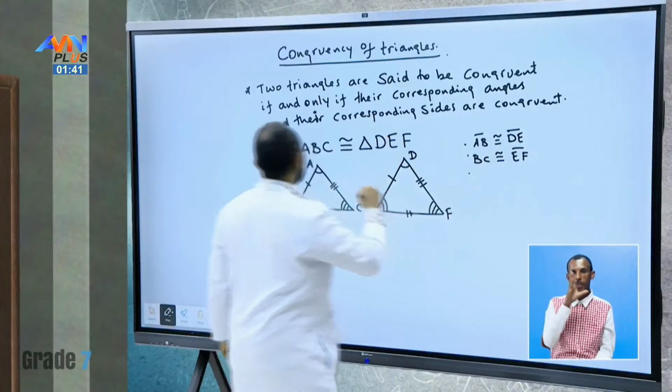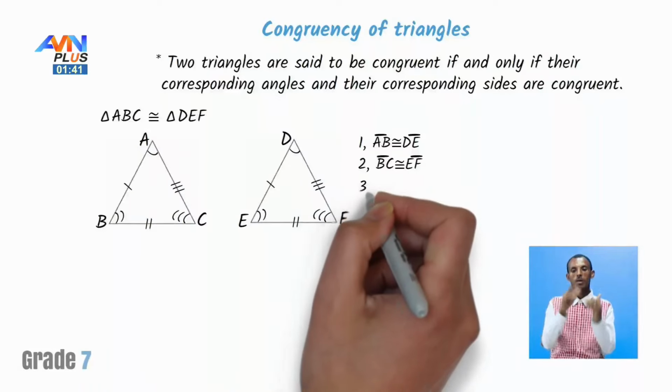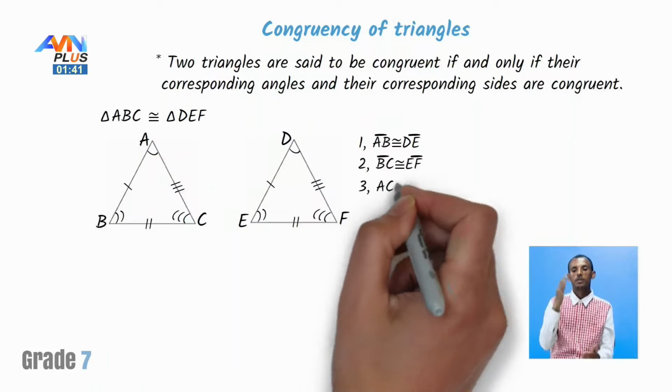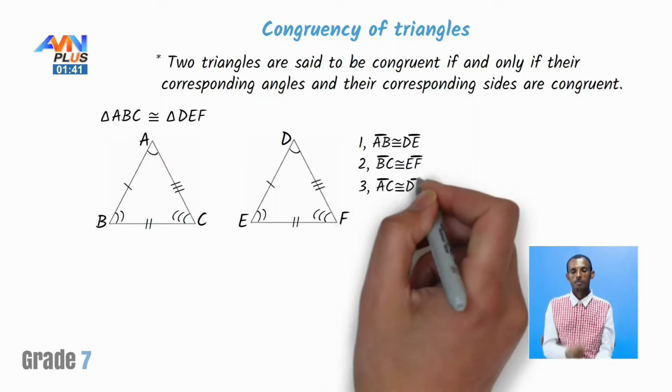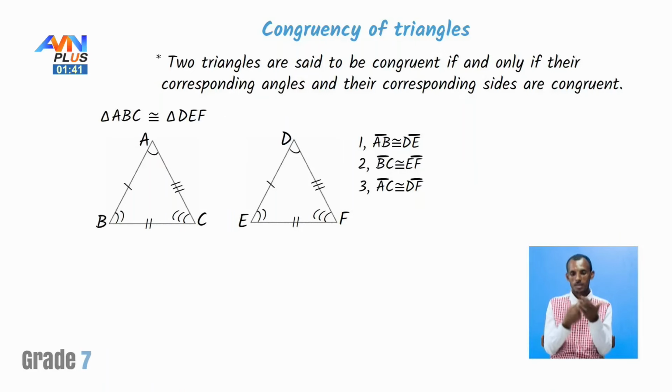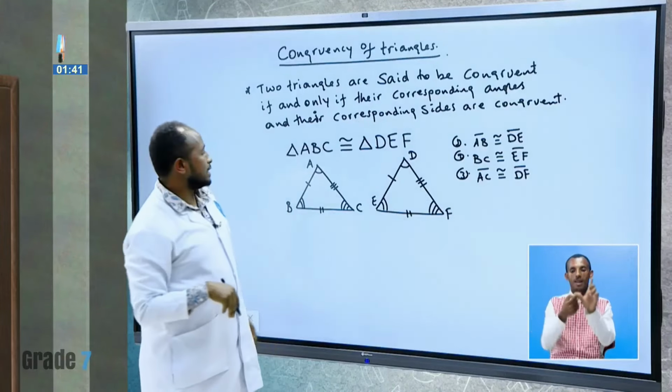And again, side AC must be congruent to side DF. Not only this, 1, 2, 3, the remaining 3 parts are the corresponding angles.